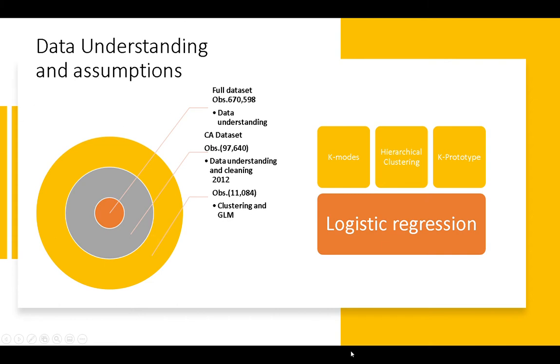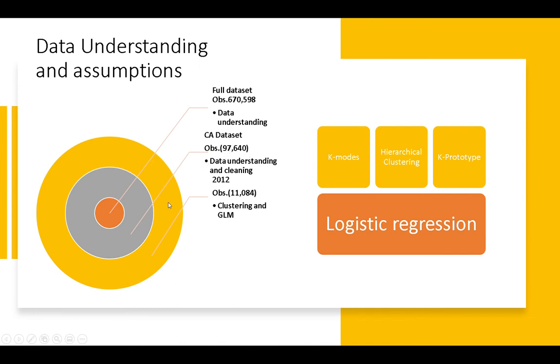During this presentation, I will go through the full work we did. So we had the data set, and we built some understanding about what is inside it. Then we chose California as our sample because it has the biggest number of complaints, 97,640.